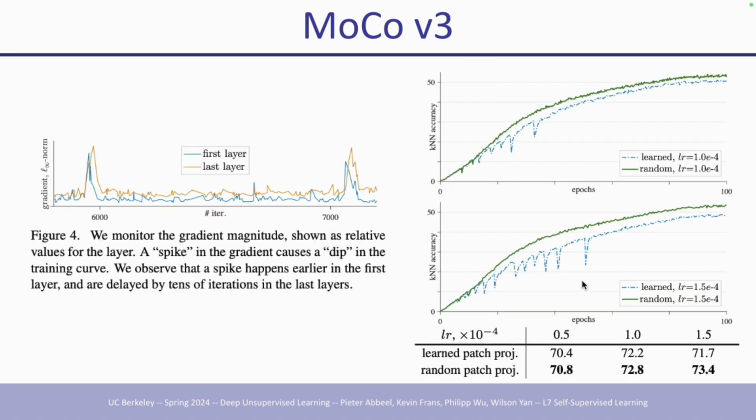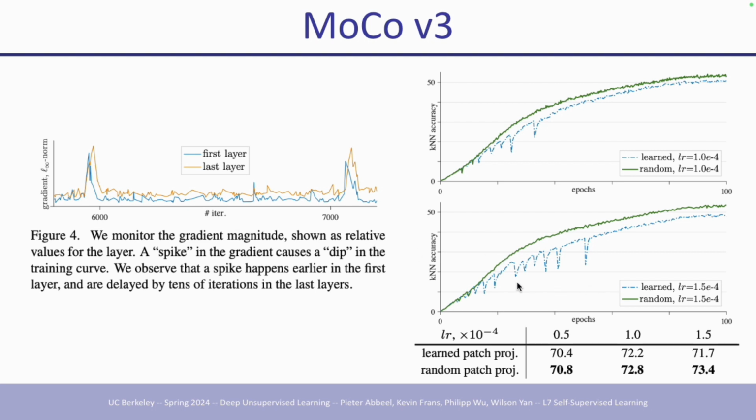When they were monitoring these training curves, they noticed that these gradient spikes would first happen in the first layer of the network, and then a few training iterations down the line, it would happen in the later layers, or the last layer of the network. And they hypothesized that this instability could be just due to too much change happening earlier in the network, and then that later propagating down the line.